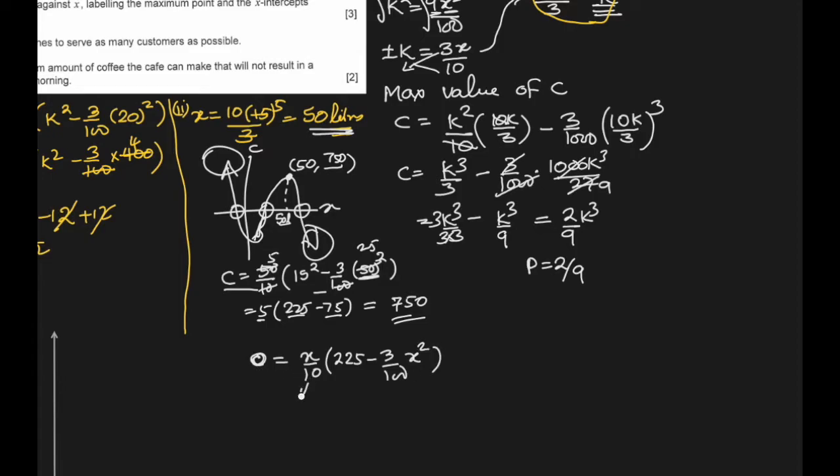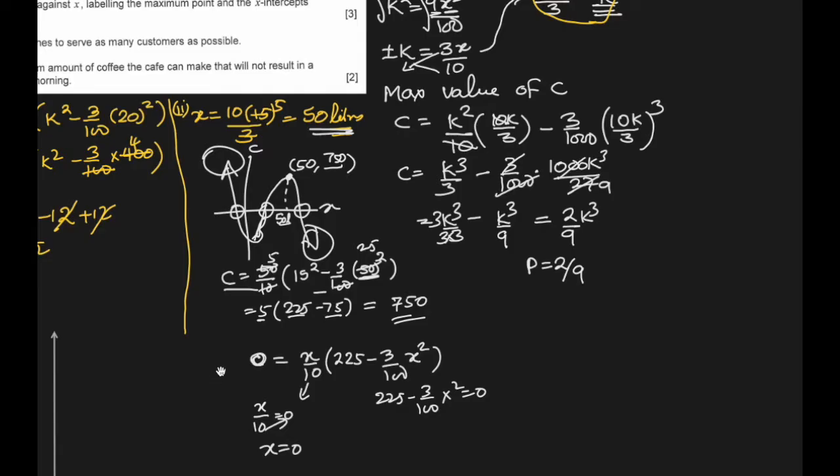Because it is equal to 0, either x over 10 equals 0, or 225 minus 3 over 100 x squared equals 0. So x equal to 0 is one of the x-intercepts.